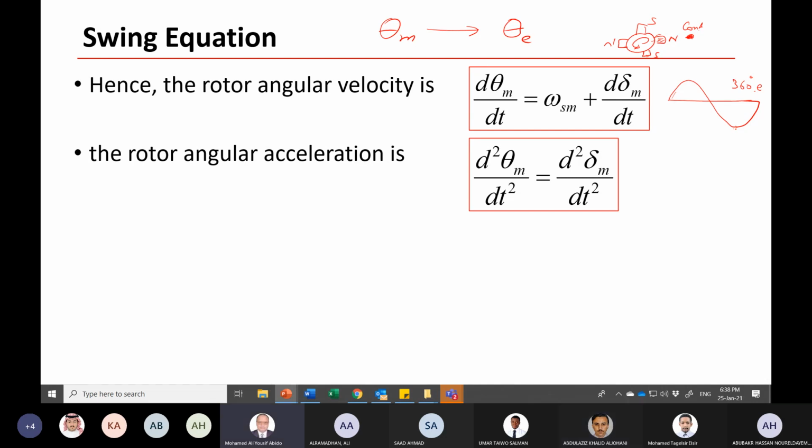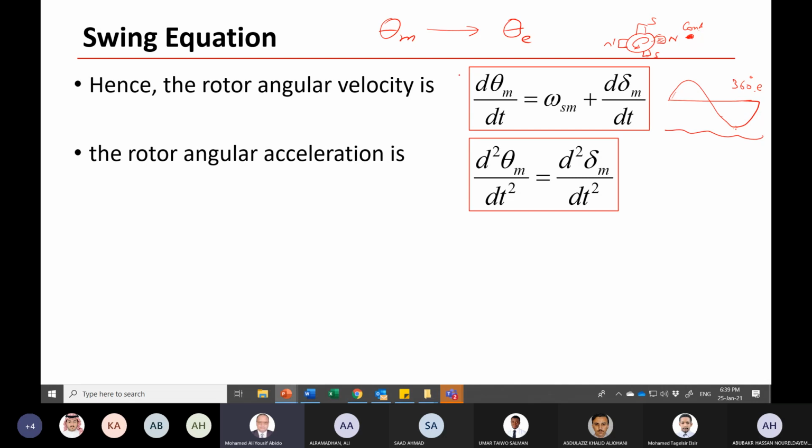So with north and then south, you have another cycle here. This represents half a cycle of the rotation, which is 180 degrees mechanical, but in electrical it is 360 degrees, which is double.